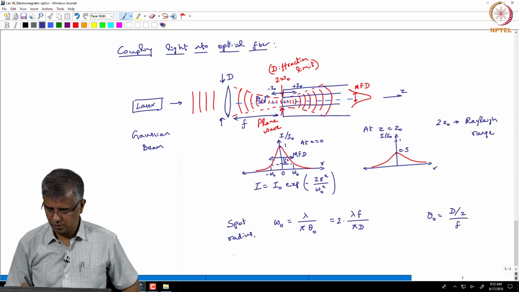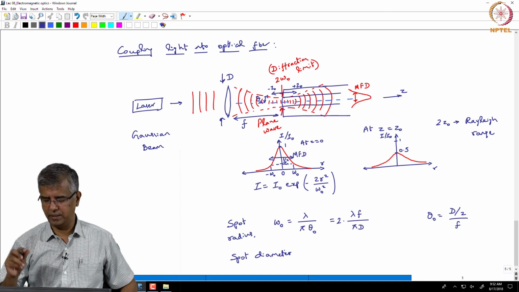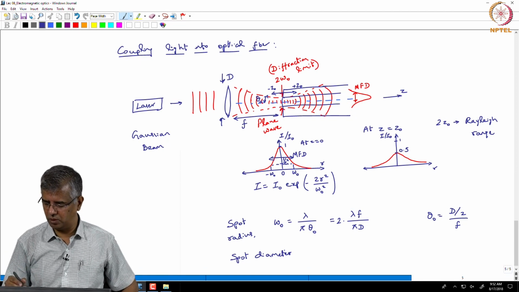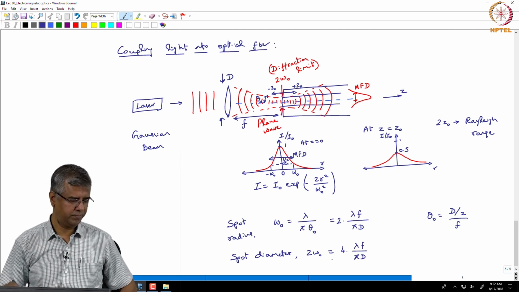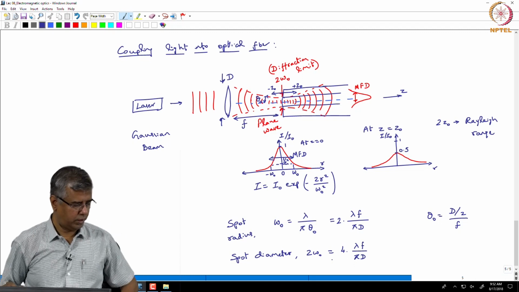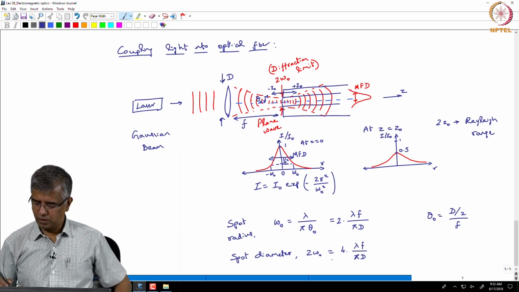And if you are talking about the spot diameter, which we want to match to the mode field diameter of the fiber, that is 2 times W naught, which is 4 times lambda f over pi times d. So, what does that tell you?